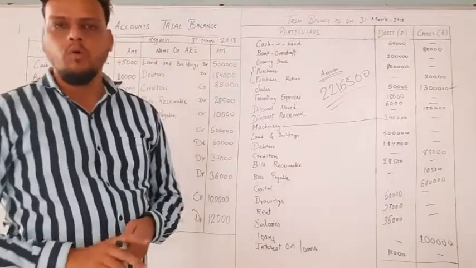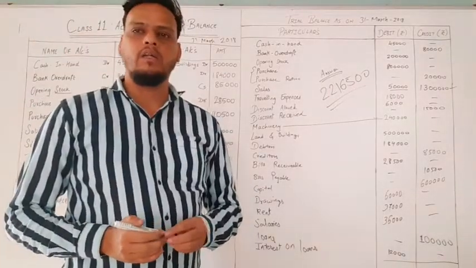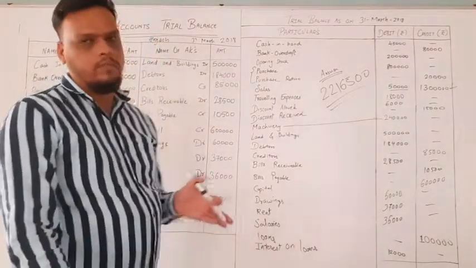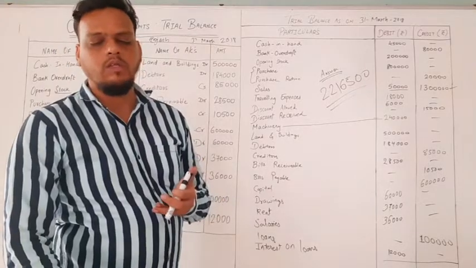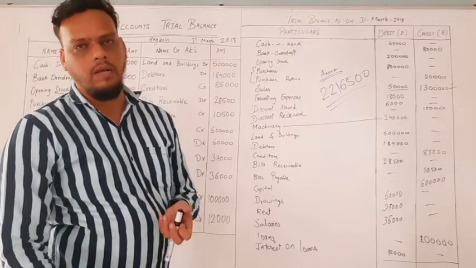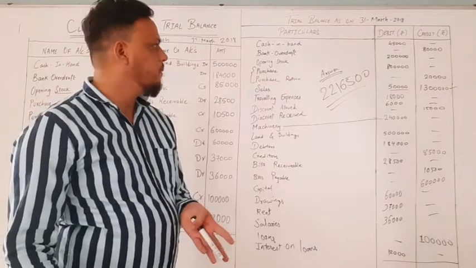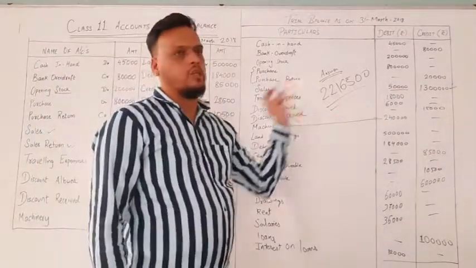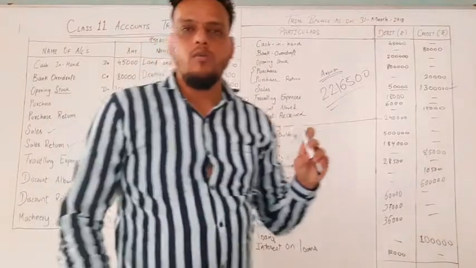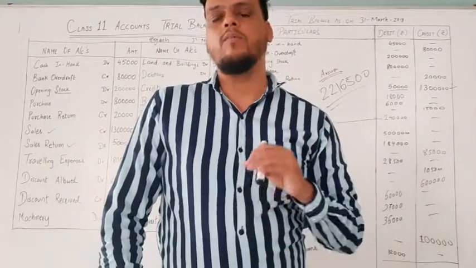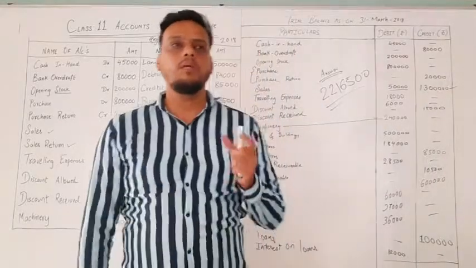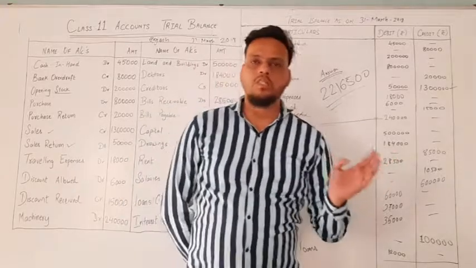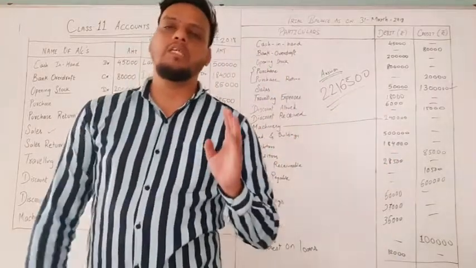I have one more question for you, which I will give you on WhatsApp itself, so you can solve it. That question is related to correcting the trial balance, because sometimes people enter a wrong trial balance, where the amount goes on the credit side instead of the debit side. This kind of problem is to be solved by writing. The total will be correct, but the transaction which has to be written on debit or credit is getting wrong.